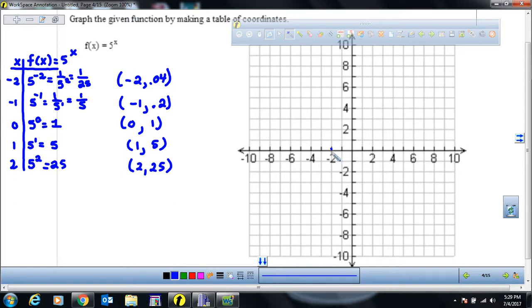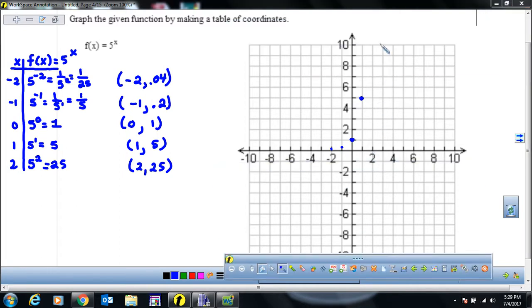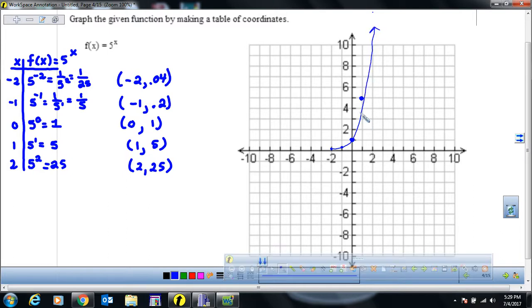The next one, -1, 0.2, is a little bit higher, so somewhere around this area. Then 0, 1 is here. Then you've got 1, 5. And the last one is 2, 25, which is all the way up. So if I connect these points, this is what the graph basically is going to show us.